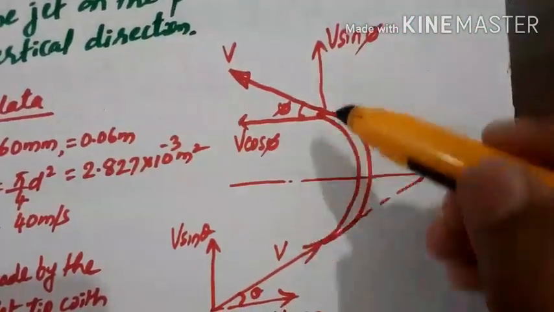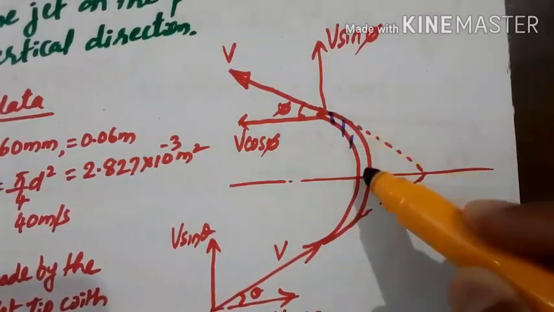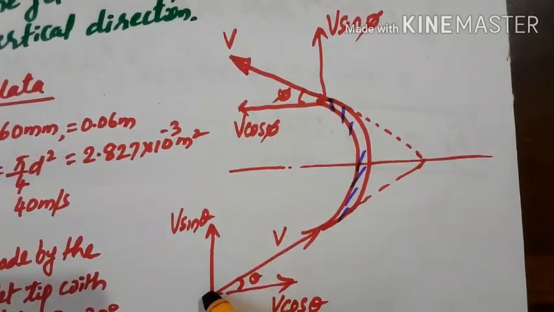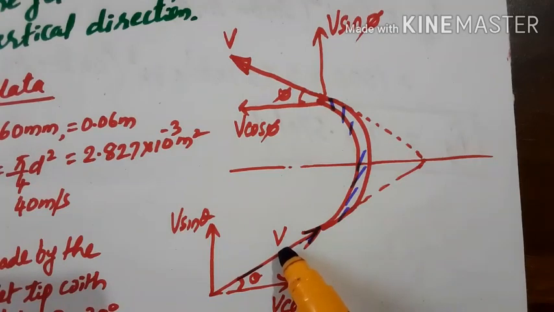So this is the curved vane. Then the velocity of the jet which is striking the vane at one of the tips like this. This is the velocity of the jet, that v is being given, and this velocity of the jet striking the inlet tip by making an angle of theta, that theta is also been given in the problem.